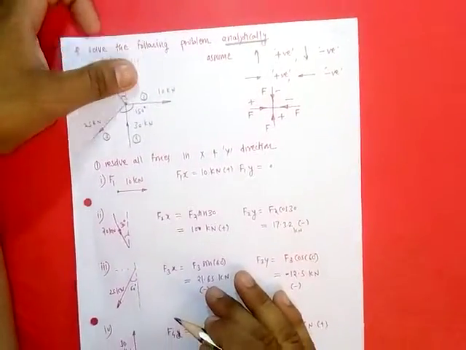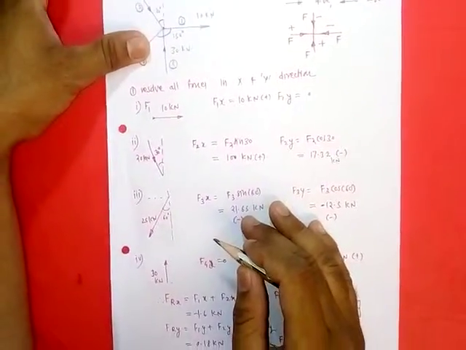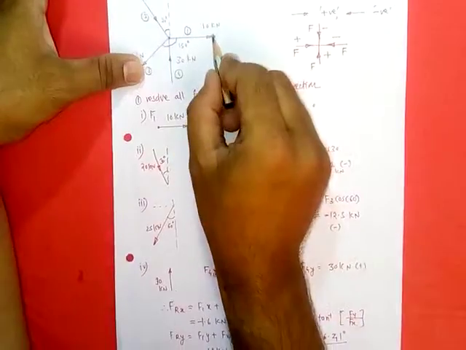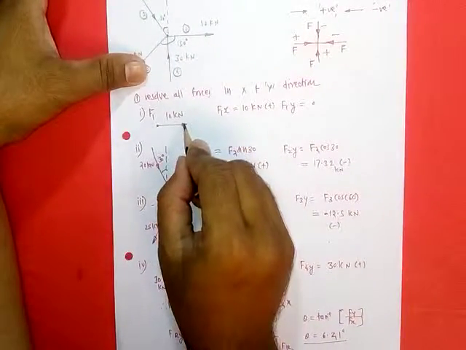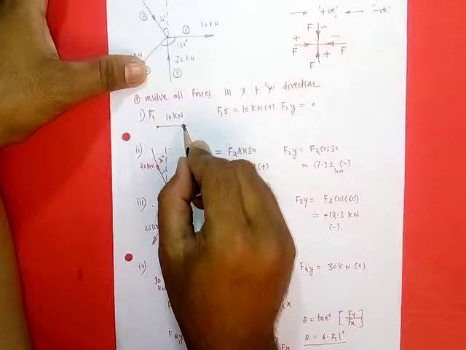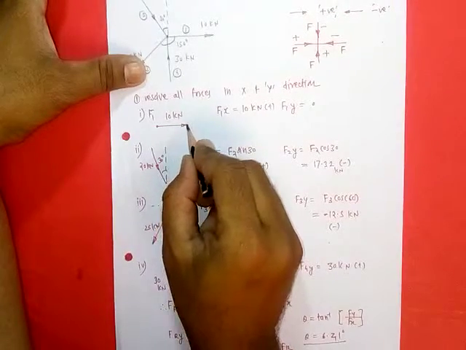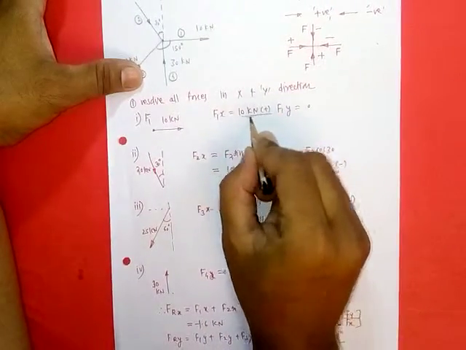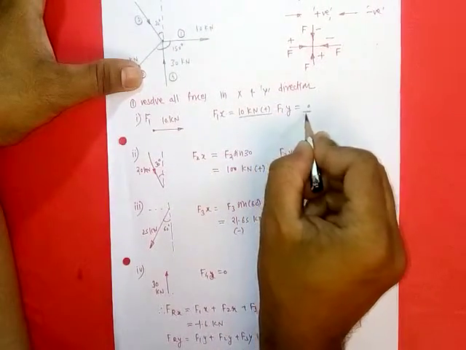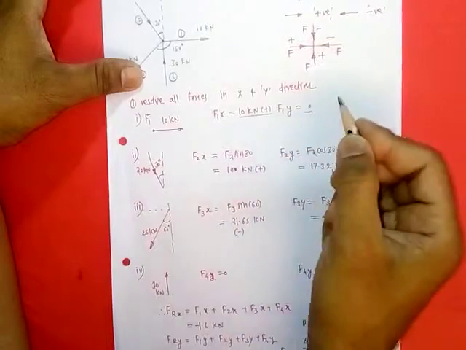This is our sign convention. So for the first force, this 10 kilonewton, it is along horizontal, so it has only an x component, and it is moving in the right direction, so it is positive. And for the first force, the y component is 0.